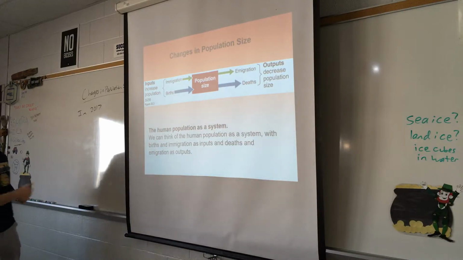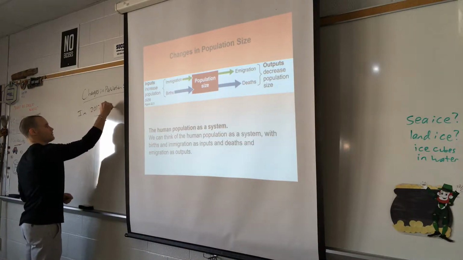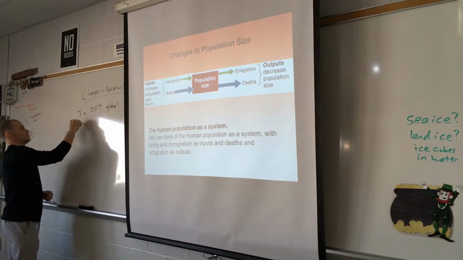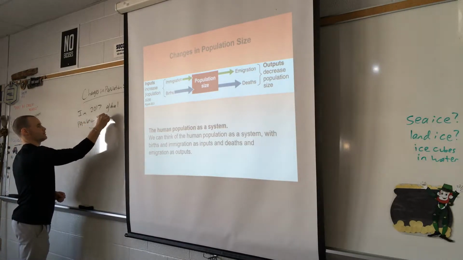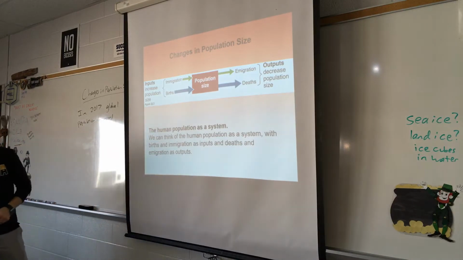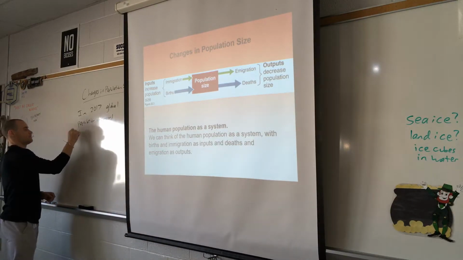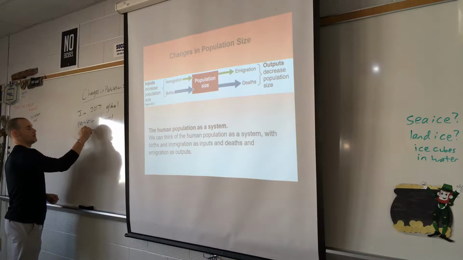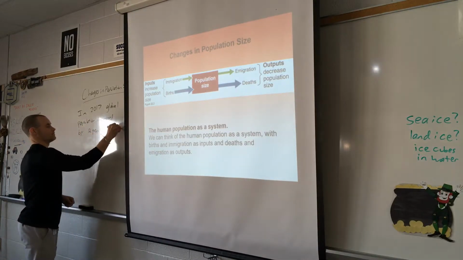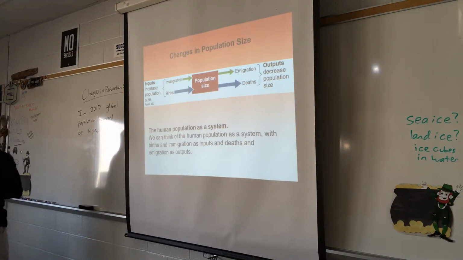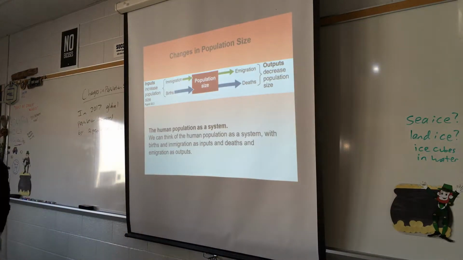Global population increased by 12 people per 1,000. Is that 1,000 including males and females? Yes. Yep. 12 people, just people in general.